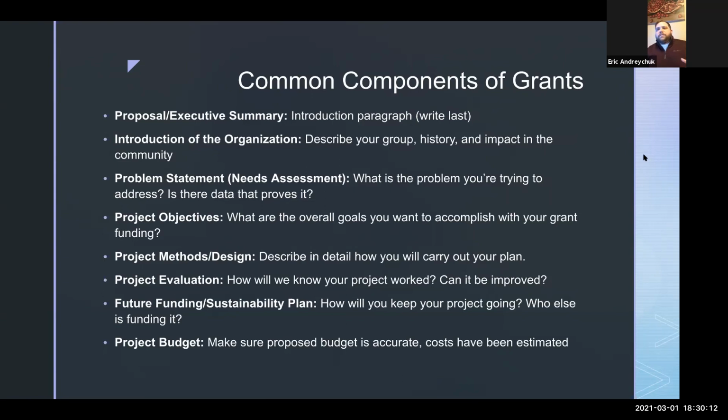Do you need to purchase a bunch of shovels and rakes, and you need to host community events in order to bring volunteers in concentrated volumes to help solve this issue? What are the actual things that you're going to do in order to meet your big goal that you're trying to accomplish?